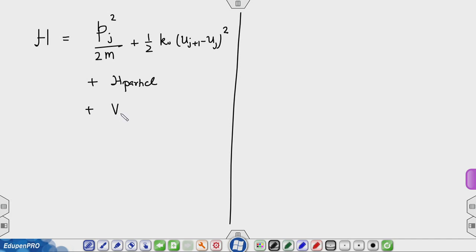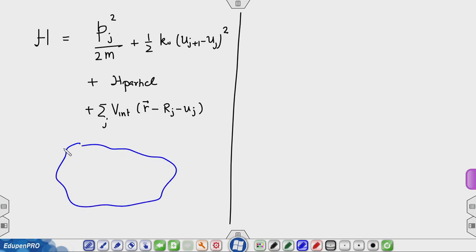So, let us write this V interaction. The particle interacts with the particle at j minus u at j, summed over j. So, let us picture this. Here is this crystal. Here is the particle coming in. It is at a position r. Its Hamiltonian is p square over 2 m of the particle.